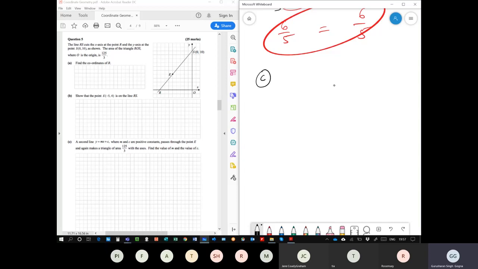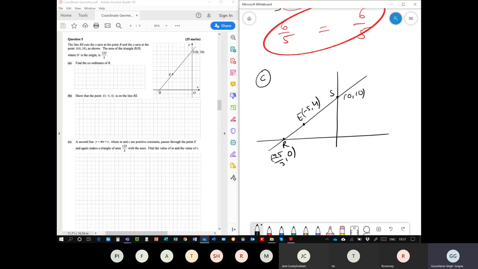So basically they are saying, let's say this is the original diagram. Now they're saying there is another line which is passing through E, and again makes a triangle of area 125 over 3 with the x-axis and y-axis.